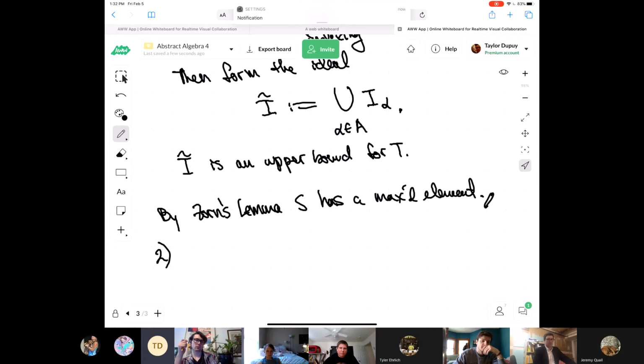So, I guess you have to show that 1 is an element of the ring. And so if 1 was an element of this, then 1 would have to be an element of I alpha for some alpha, which would contradict that these are proper. Makes sense. Okay, that's a great question.